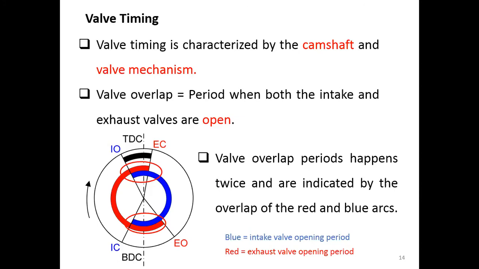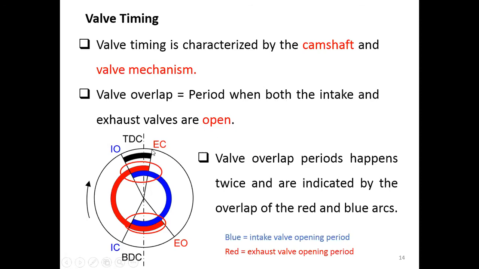And when the valve is working, sometimes we will see valve overlap. What is the valve overlap? The valve overlap is the period when both the intake valve and the exhaust valve are open.